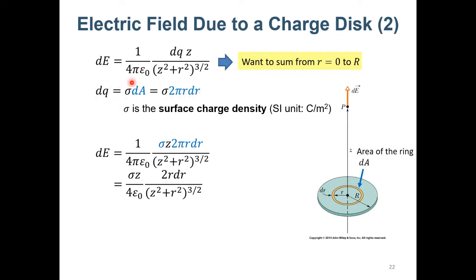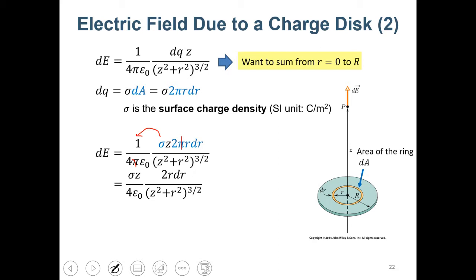So we substitute this one into here, so we have an expression like this. Actually, we can just rearrange: sigma to the front, and pi can be cancelled.